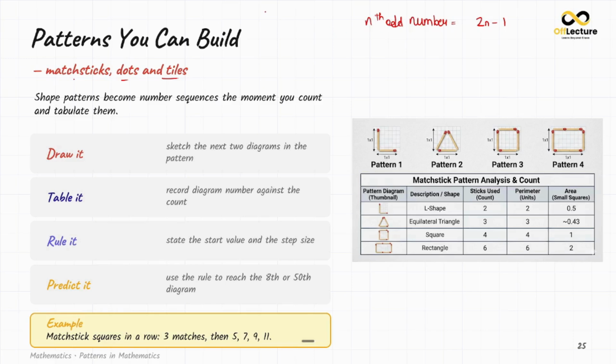So the 10th odd number is 19. Similarly, the nth even number is 2 times n. So the 10th even number will be 20. Then comes the nth square number.